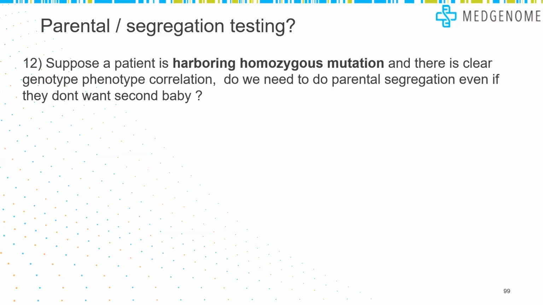In homozygous, one thing which probably can be missed by not doing parental testing is whether the other allele has a deletion. If one allele has a mutation and the other allele from the other parent has a large deletion, it might be interpreted wrongly as a homozygous mutation. So just to rule that out, it is always better to do parental segregation.